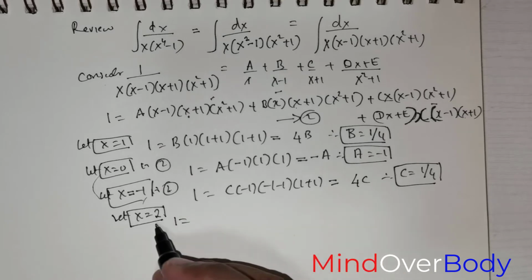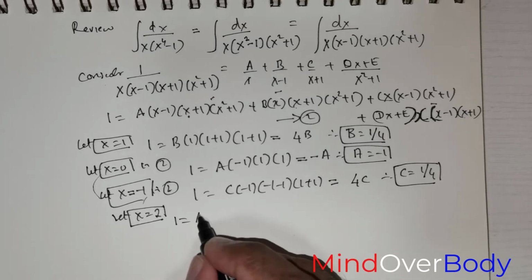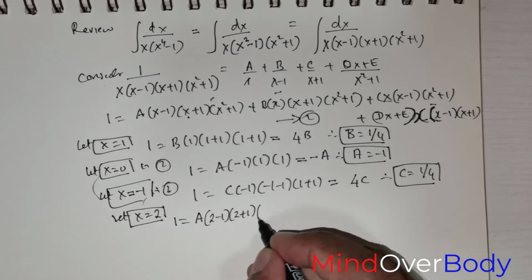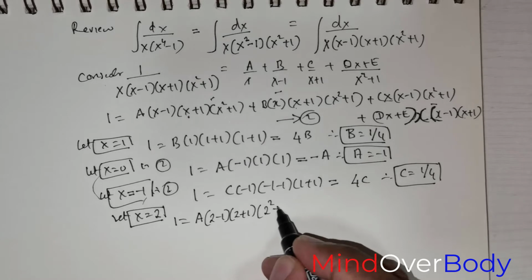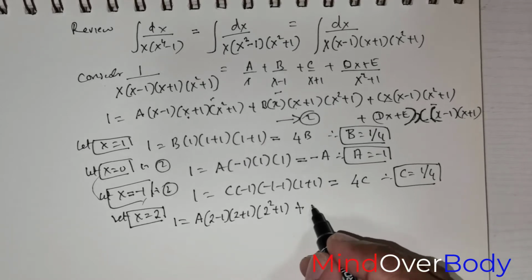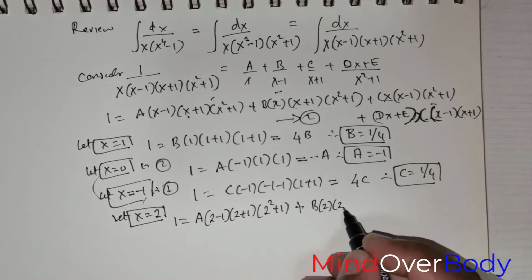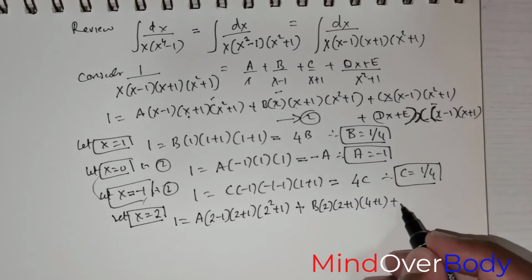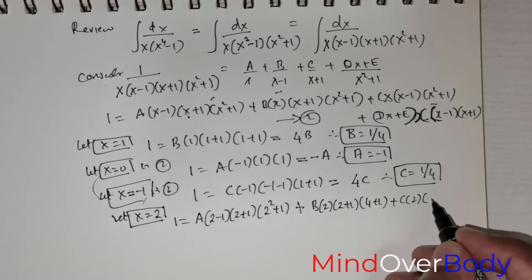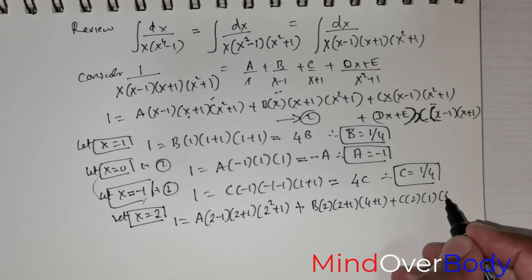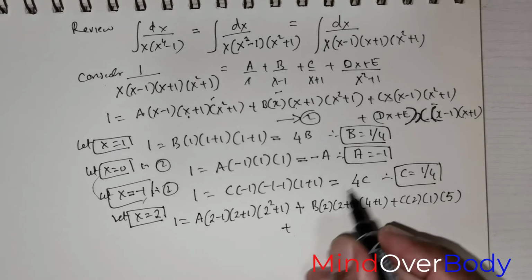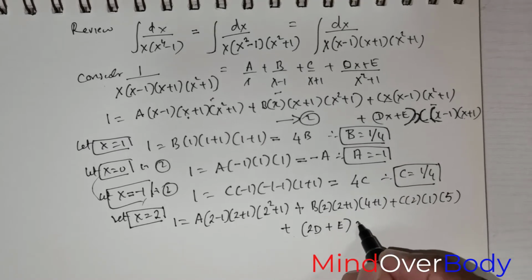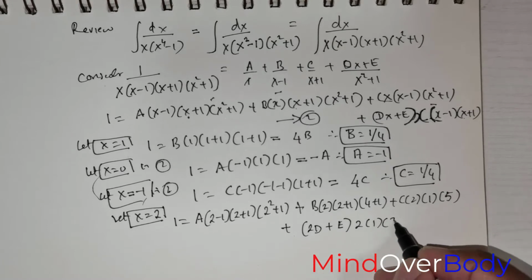So now I take x is equal to 2, so that's going to be 2 - 1, 2 + 1 and 2 squared + 1, positive b times of 2 + 1 times 2 squared is 4 + 1, positive c times of 2 - 1, 4 + 1 is 5, and this is going to give me 2 times d positive e, 2 times 1 times 3.